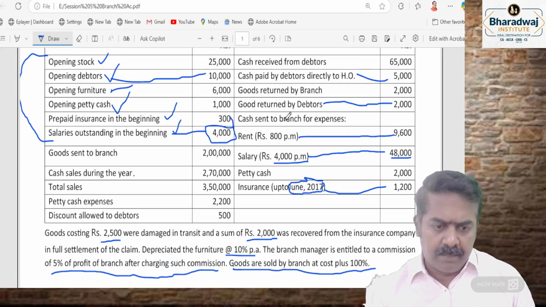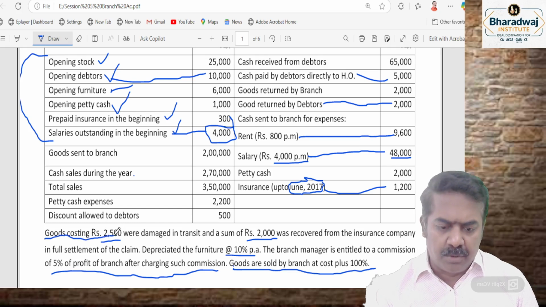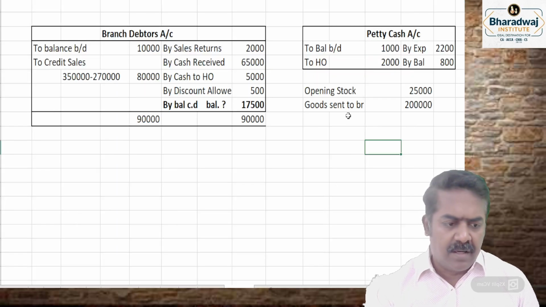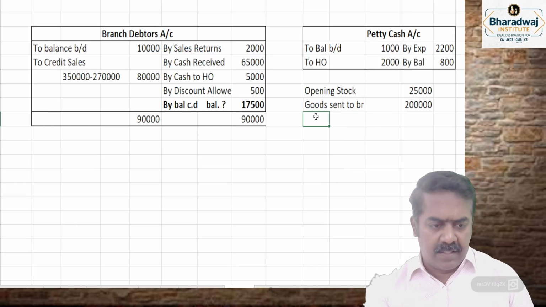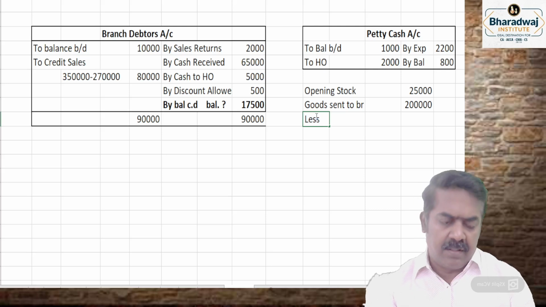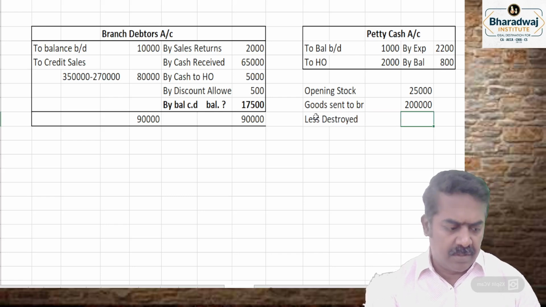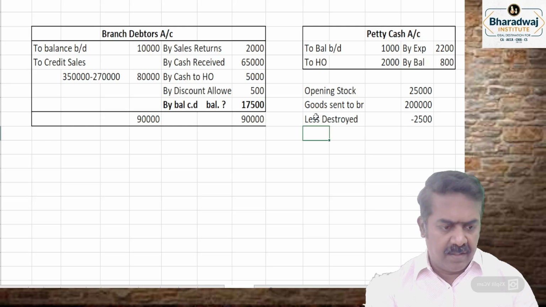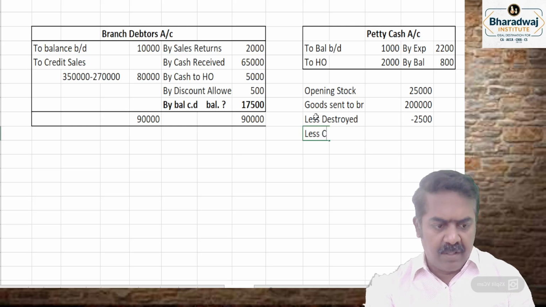Then look at this. Goods costing 2,500 was damaged in transit. Less destroyed in transit, how much? 2,500. Less, we want cost of goods sold.